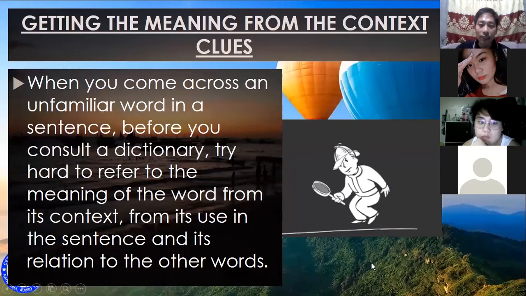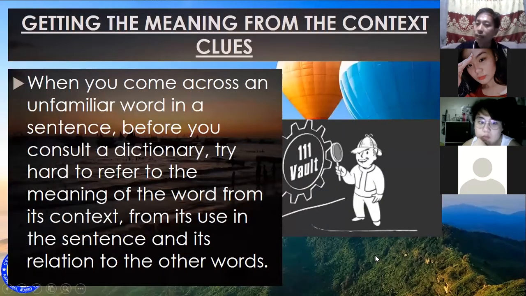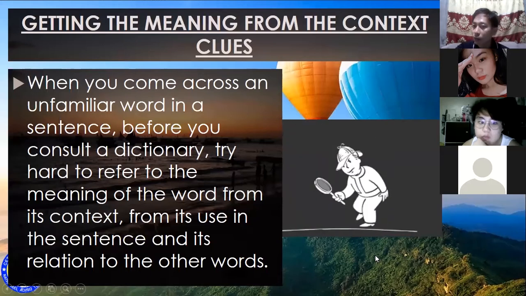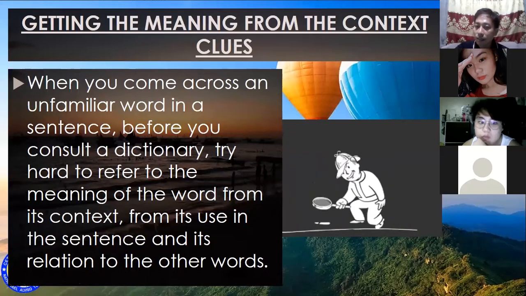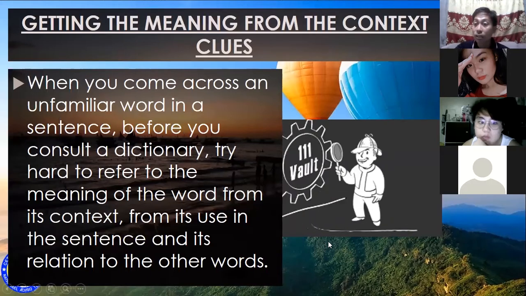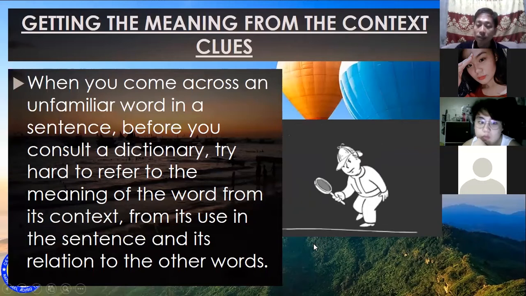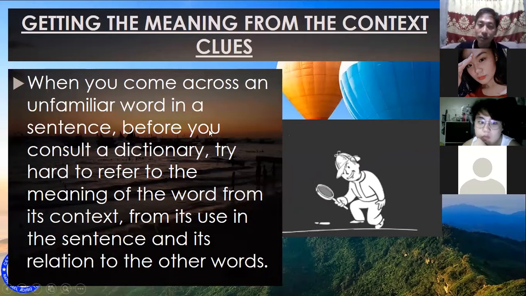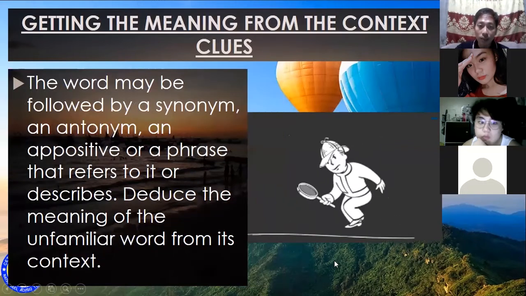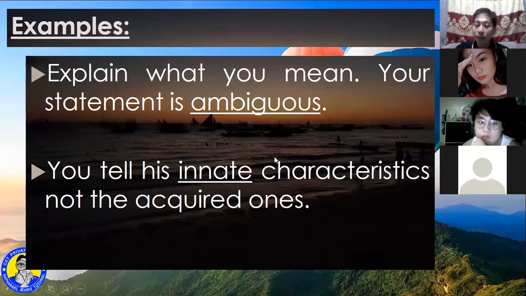So we have discussed already looking for context clues when we tackled the synonyms or answering what the word means in a sentence. So those are the context clues, like the ambiguous, that's what I told you earlier, and the innate. You will find out that ambiguous means it's not clear because of the sentence, explain what you mean.